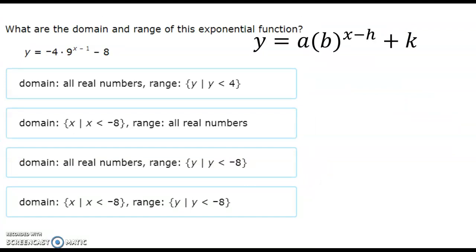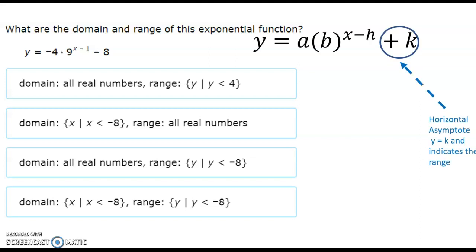Next example gets a little more complicated. In this example, we're identifying what the domain and range is, and we already know that the domain should always be all real numbers. So the next thing I need to do is identify my k value. My k value is going to represent the horizontal asymptote. Along with it, it helps me identify what my range is. The a value in this one is the number in front of your base raised to the power.